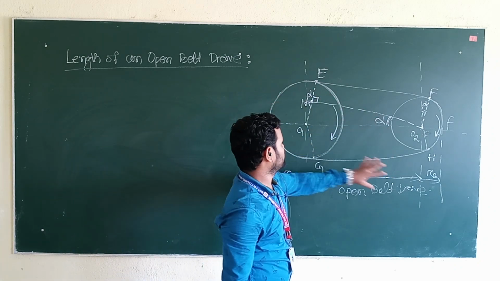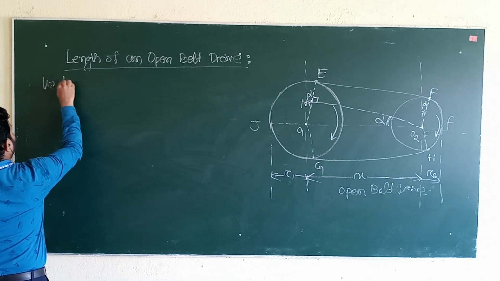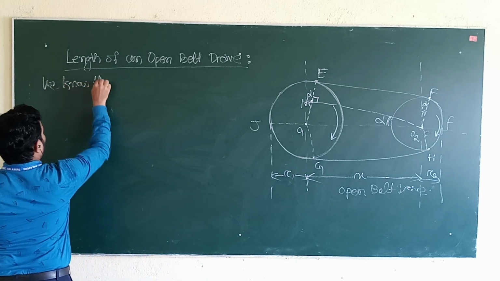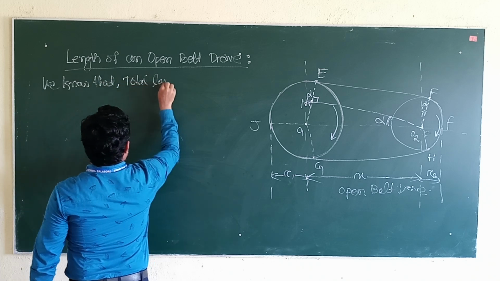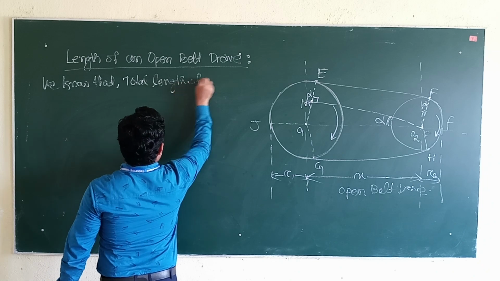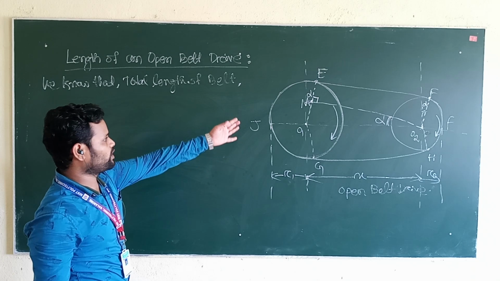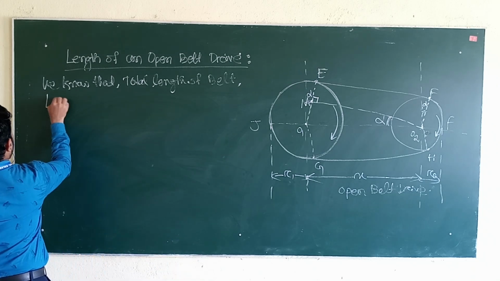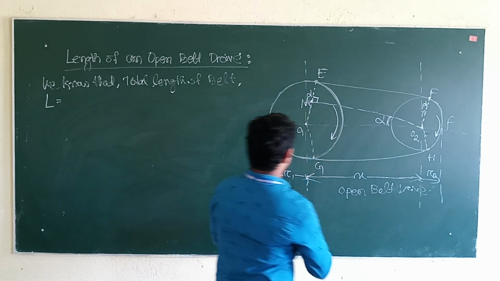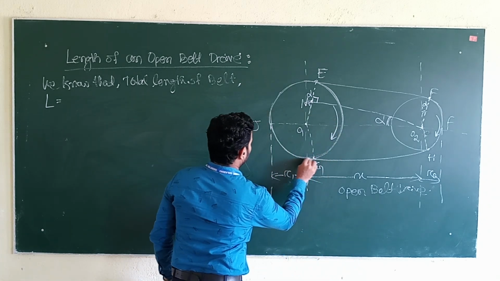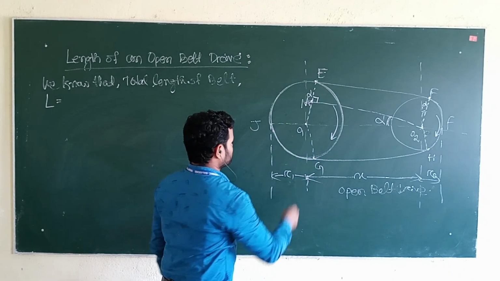From this figure, the total length of the belt is capital L. So what is capital L? See G, J, E. It is an arc.